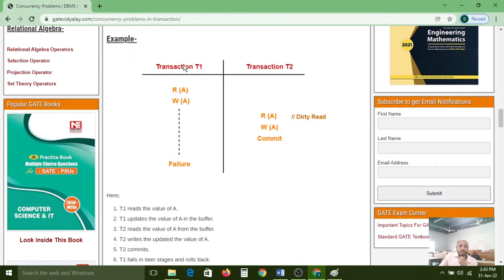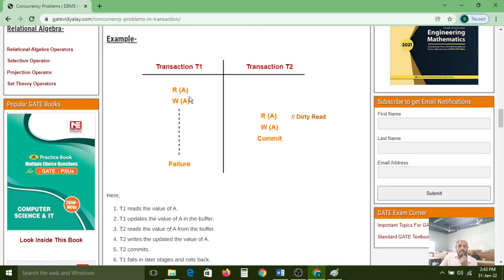Carefully observe, here I have given one example. This is transaction 1, this is transaction 2. Read A account data and write A account data. These T1 and T2 are accessing the same A account data, so they are called concurrent transactions.